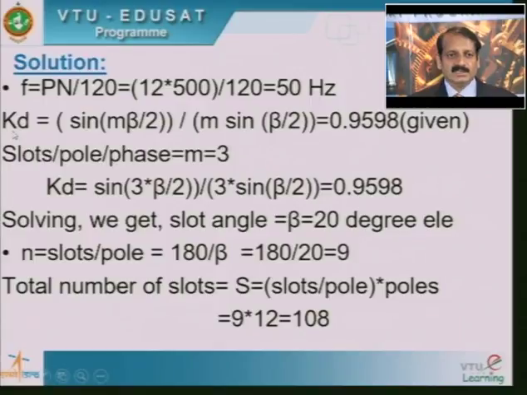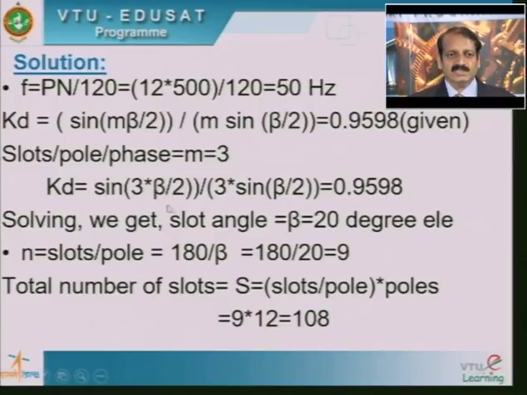Distribution factor, the value is given as 0.9598, but we know that distribution factor is given by sin of m beta by 2 divided by m sin of beta by 2. Slots per pole per phase is given in the numerical as 3. So, when we substitute for m, the only unknown that is left is beta.